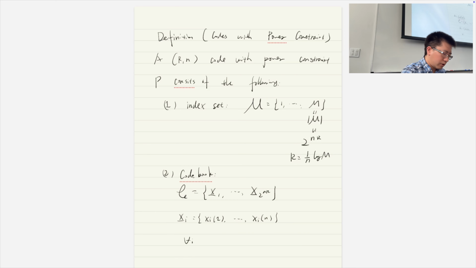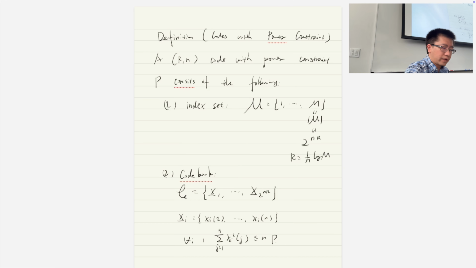And then for all i, we define this sum to be less than nP. So assume that the average power will be less than or equal to P. Okay, so that's basically the codebook.